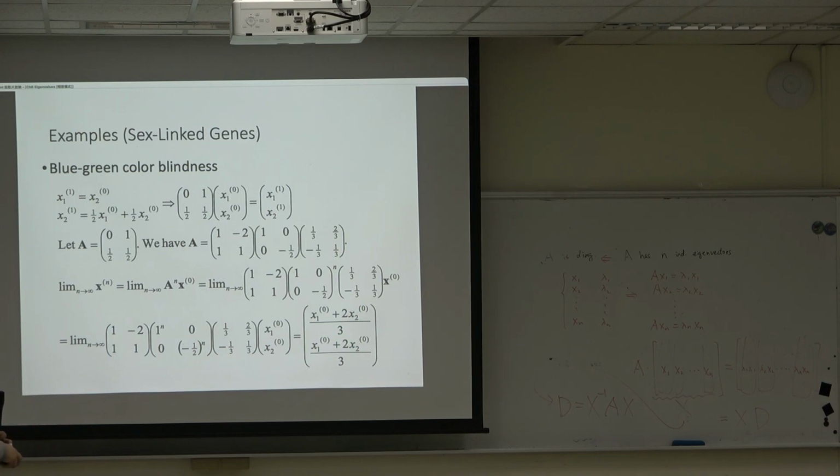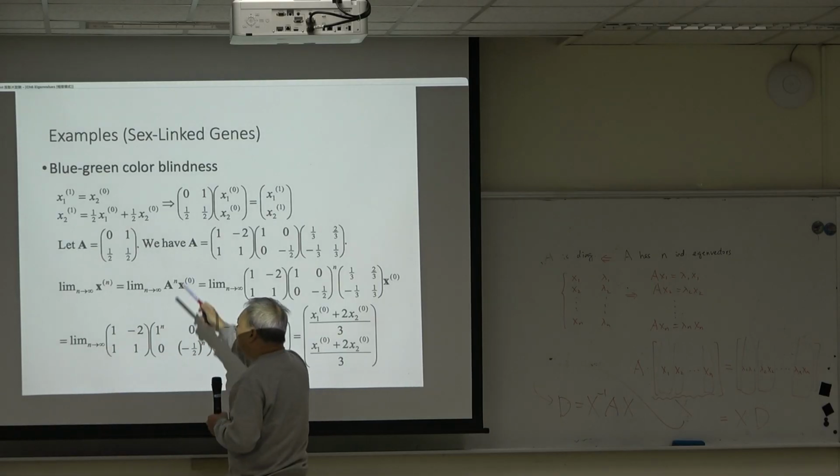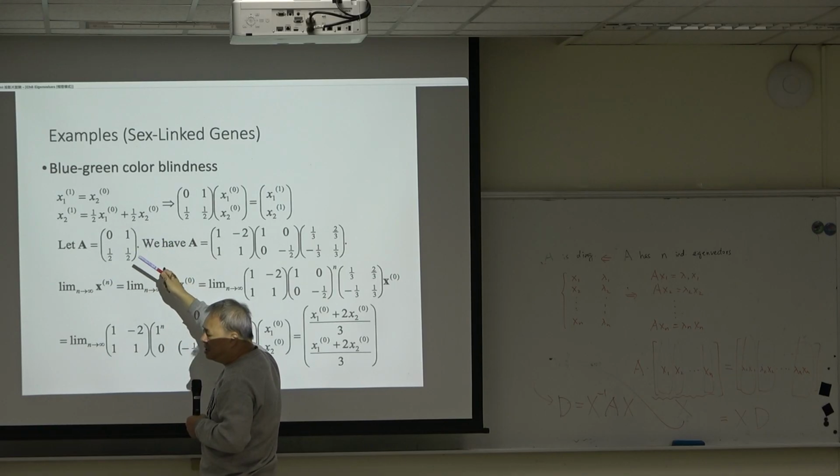If a parent is green color blind, go to the second formula: there's a half chance its parent is either blue color blind or another half chance that the parent is green color blind. And you can represent this as a Markov process because the next state depends solely on the previous state, and this probably will not change over time.